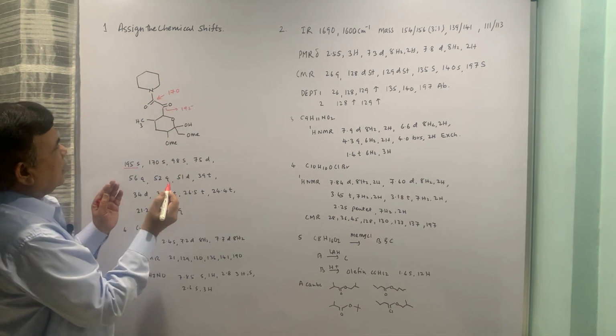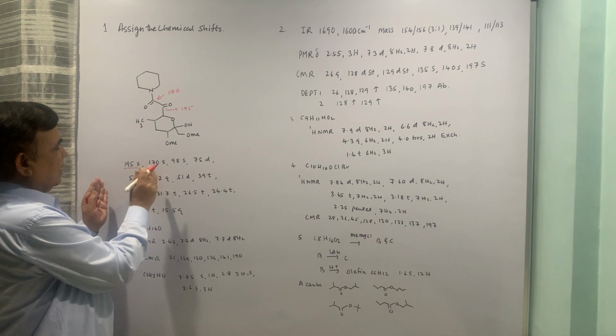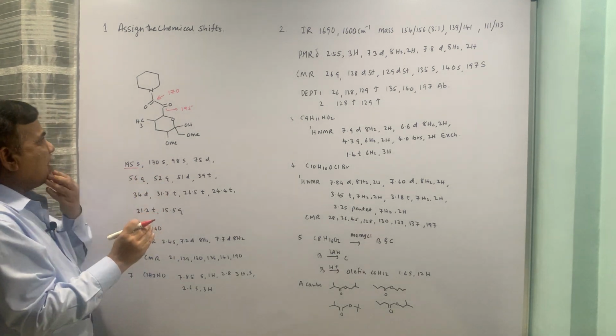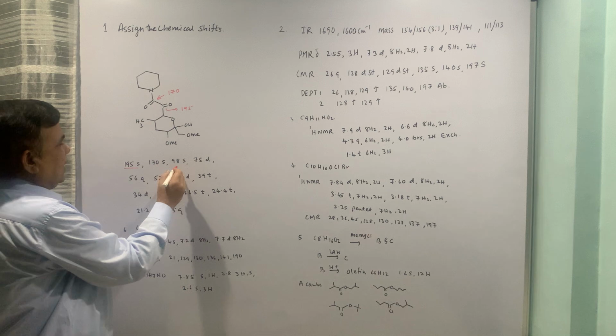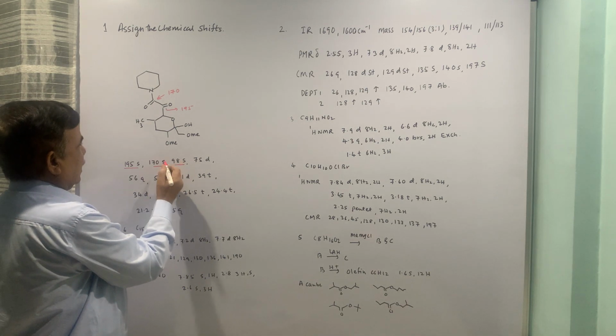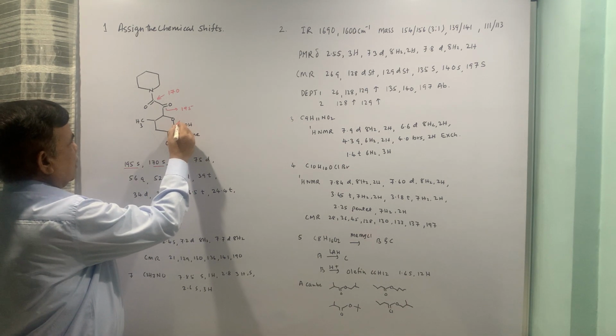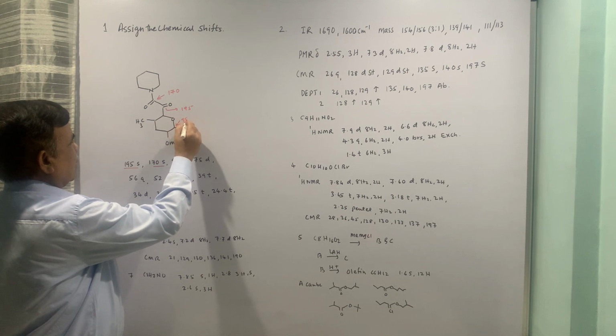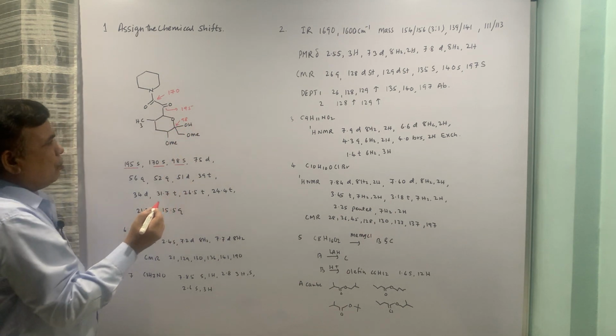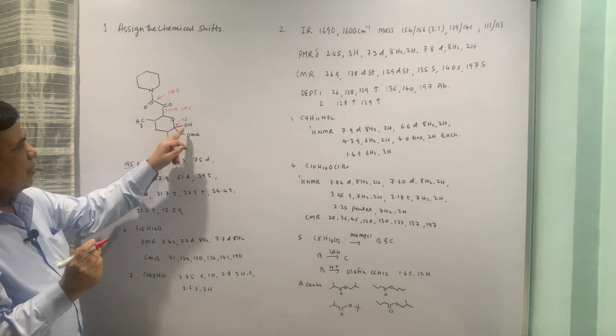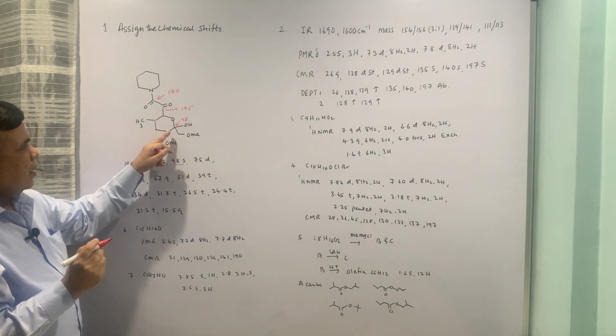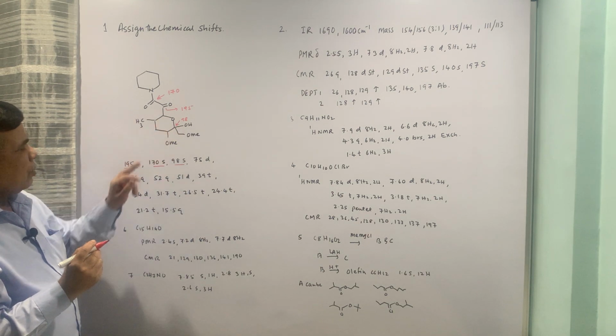Now this is simple singlet, that means they are quaternary carbon. Then 98 is another singlet. 98 can be assigned to this carbon because it has got two oxygens directly attached to it, and CH2O is there and CHO is also there.